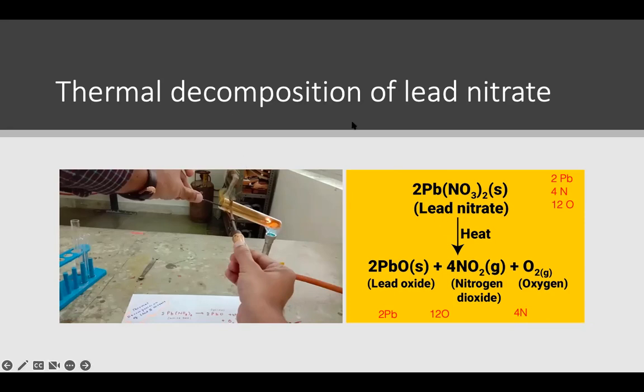Decomposition means breaking down into smaller elements. So please write down the term decomposition. Within brackets you can write: breaking down into the same set of elements.